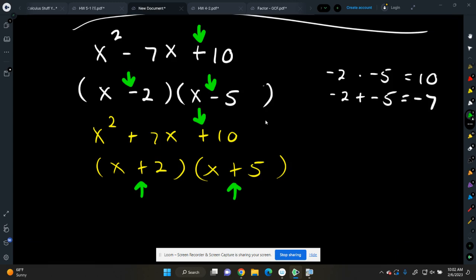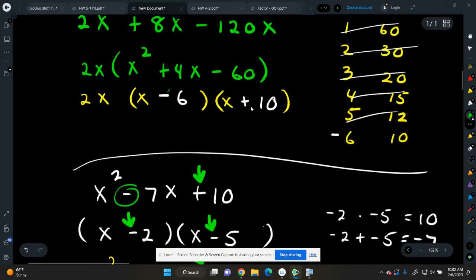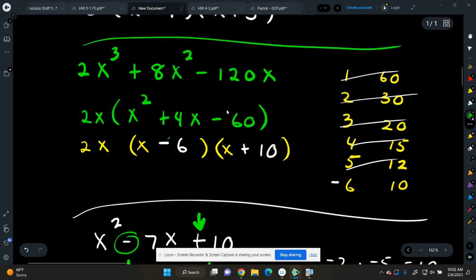How do I know whether to use a plus or a negative with my factoring? It's based on this. The signs are the same, but I used a negative here; here, the signs are the same, but we used a positive. If that last number is negative, like this example, then they have to be opposite signs.